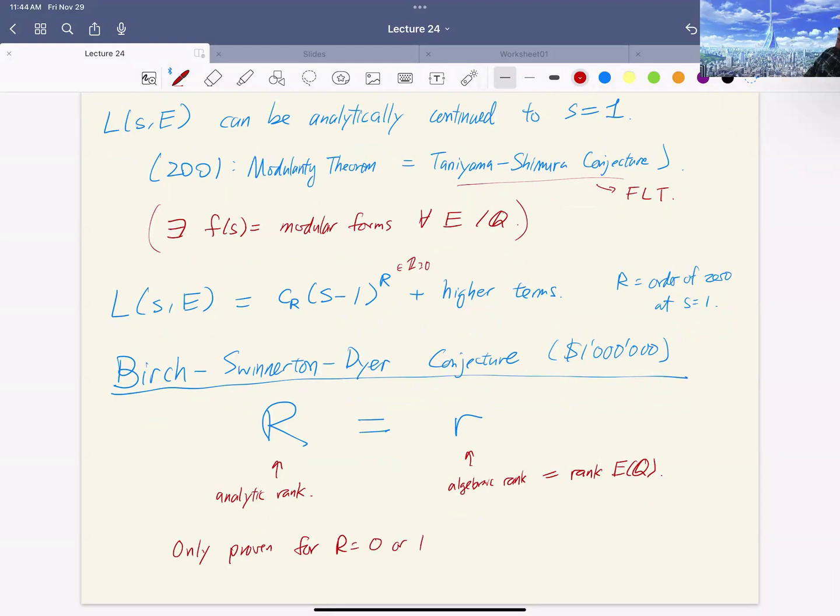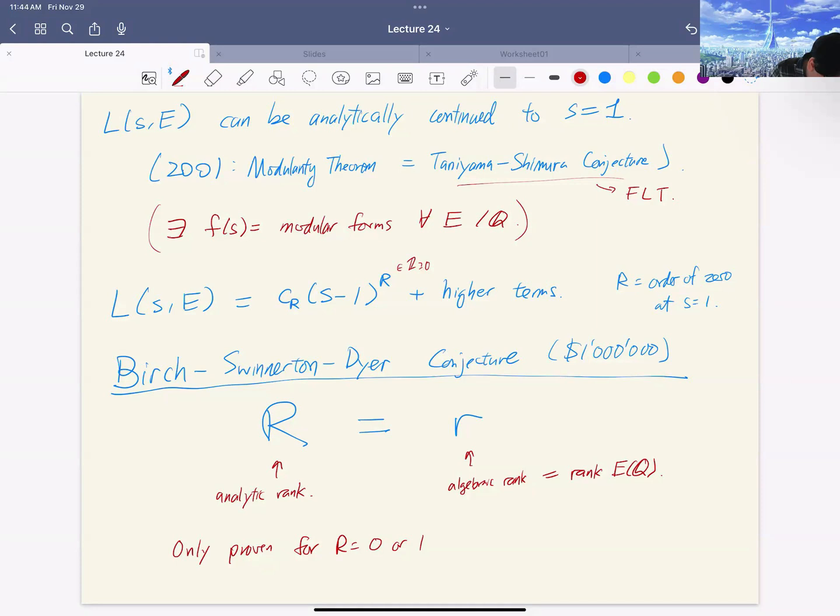If the analytic rank is 0, then small r is 0. If the analytic rank is 1, small r is 1. And that is all we know about this conjecture so far. And actually, there are deeper results. For example, what is the coefficient c_R? It turns out that this coefficient can also be conjecturally written as some algebraic information of the elliptic curves called the Tate-Shafarevich group.